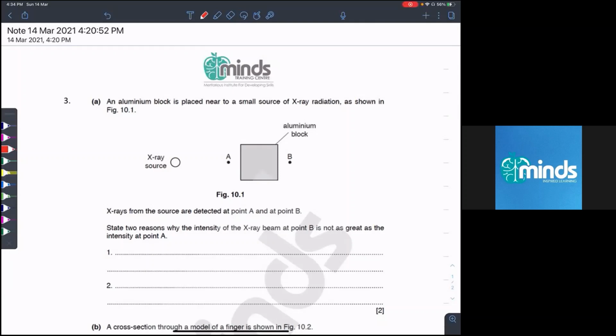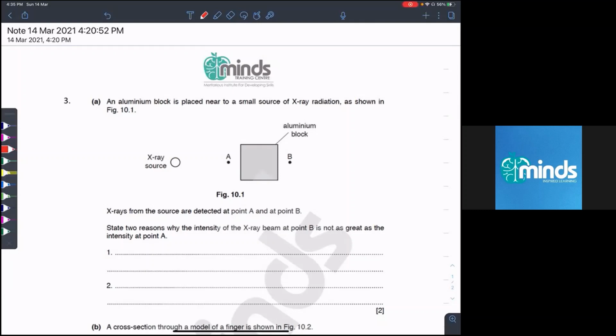One of the easiest points that should come to your mind is basically absorption, because X-rays will surely get absorbed in the aluminum block. Quite possibly, because Anas attended the session, he remembered that X-rays are of two types, soft X-rays and hard X-rays, and we want to separate soft from hard.